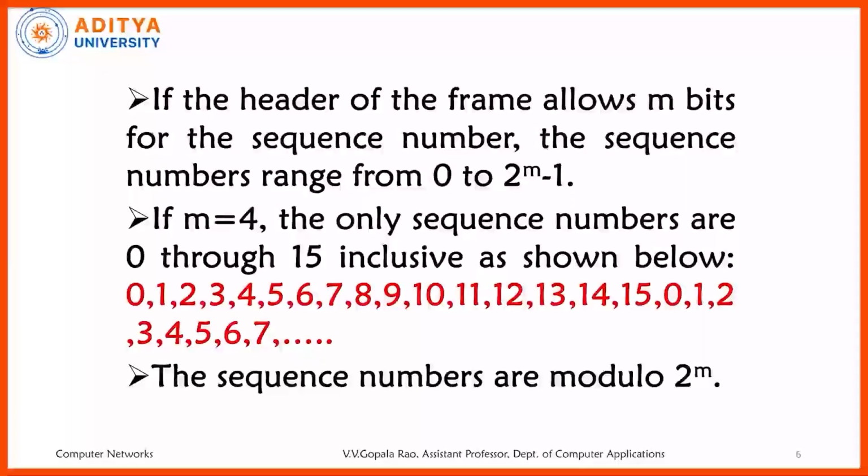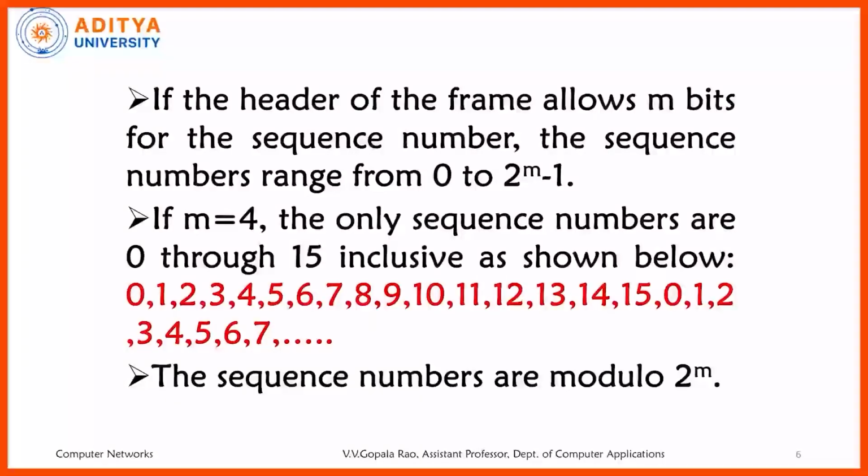Along with the frame, some header is also there which represents the frame number. The actual frame contains the data, and before that, every frame will be numbered. That is why it is called the header. In that header you can understand what the frame number is.